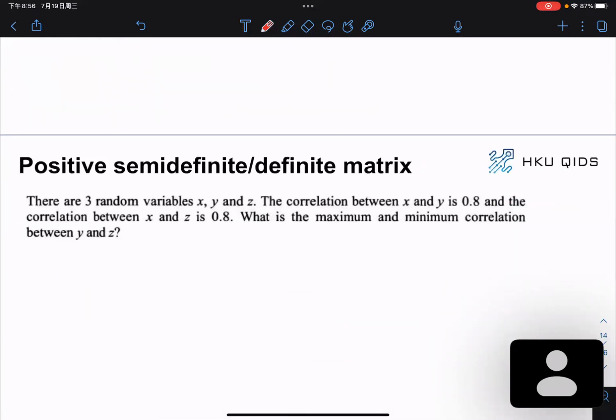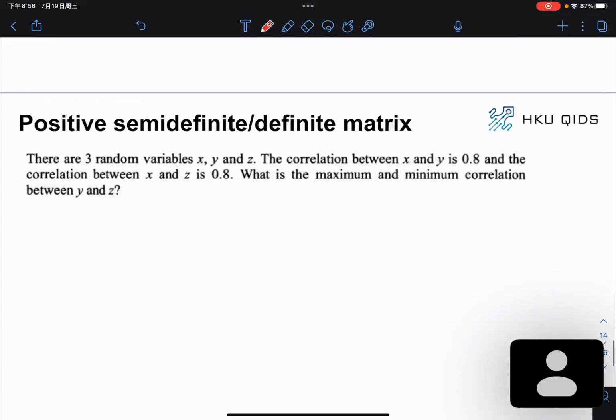And there is one way to test this. This is related to the correlation matrix. Correlation matrix is a super classic example of a positive semi-definite matrix, and basically we are trying to use this kind of property. And we have 3 random variables, x, y, and z.